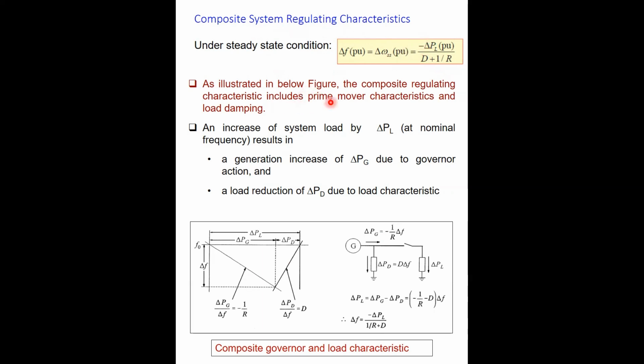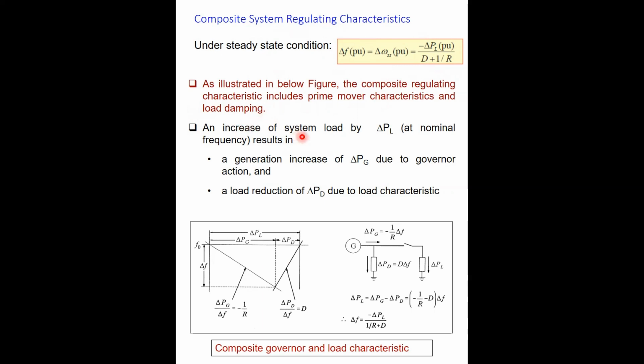So we consider to understand the composite regulation characteristic with the speed droop characteristic here from the turbine governor side and the load damping constant side here, or the load damping.